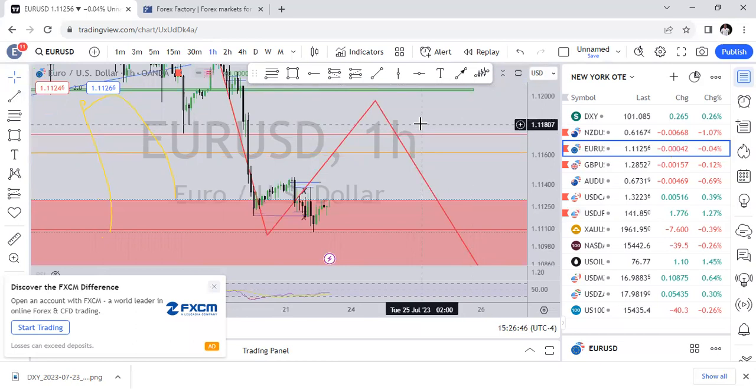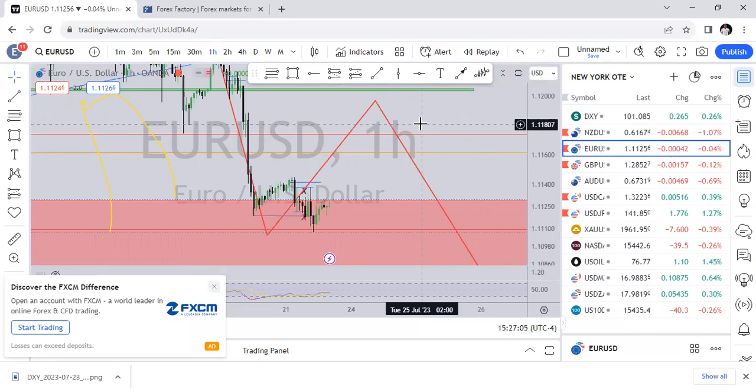So I want to ask, is it necessary that anytime you want to trade a pair that has to do with the dollar, you should look at the dollar index, the DXY? No, it's not a must.